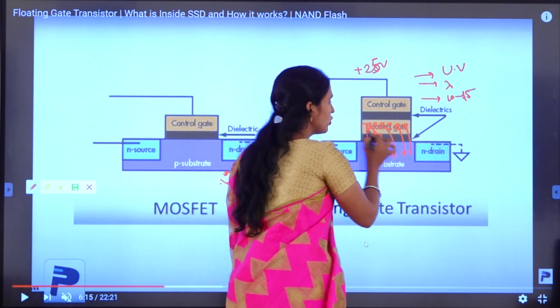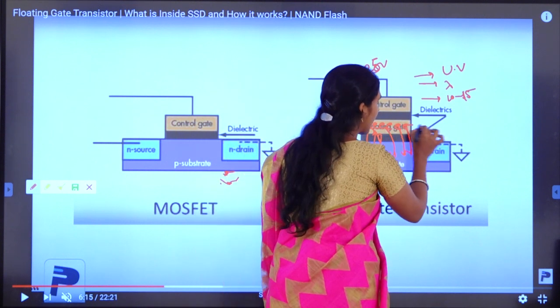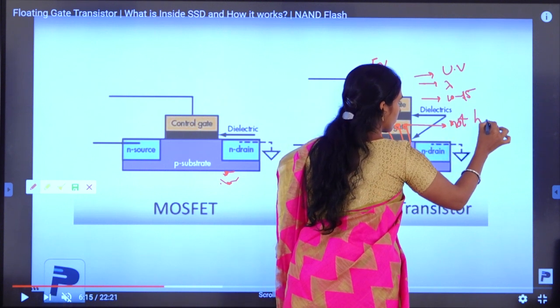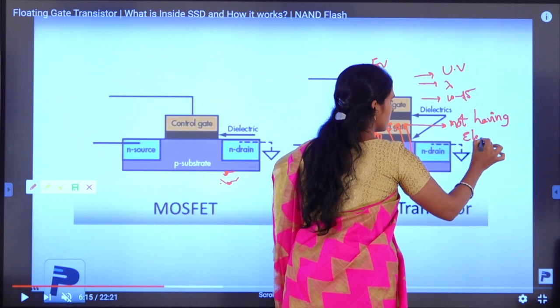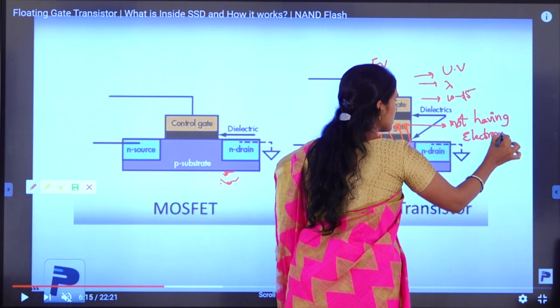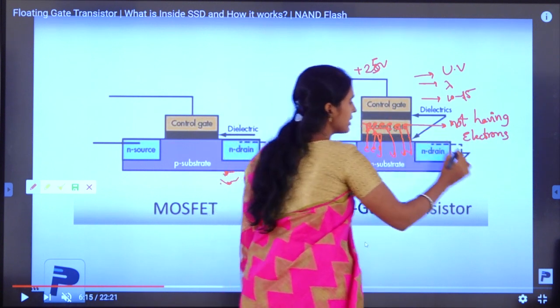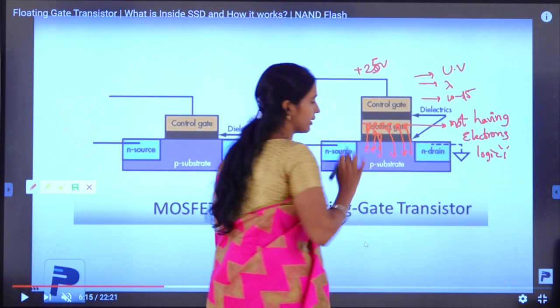That means the floating gate again comes into its original position, not having any electrons. All these electrons move from the floating gate to the substrate. It indicates that logic 1 is being stored there.